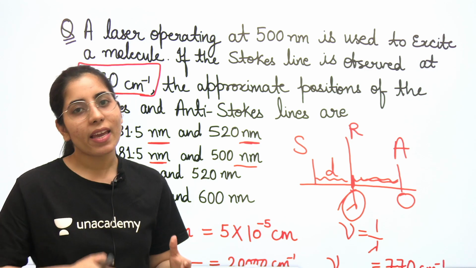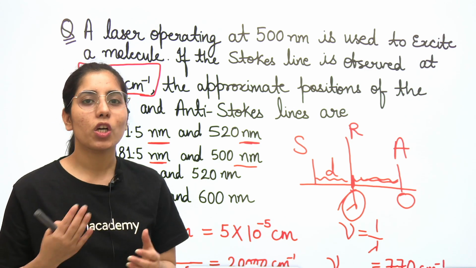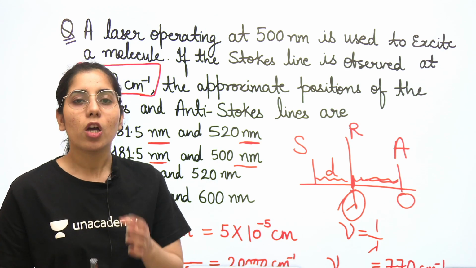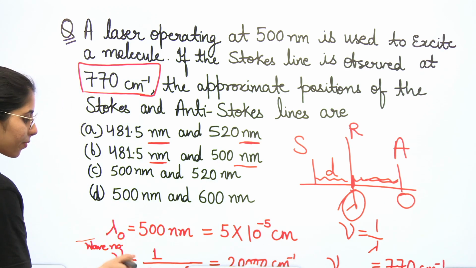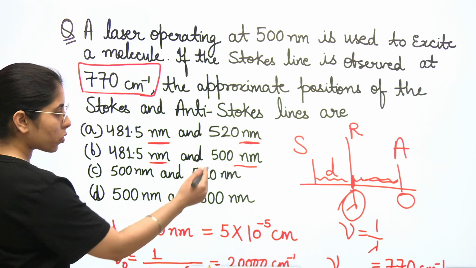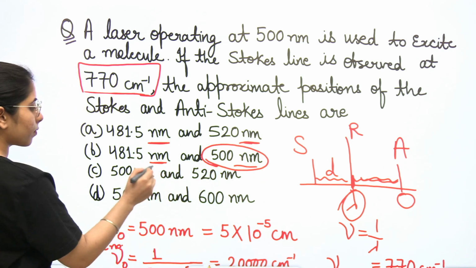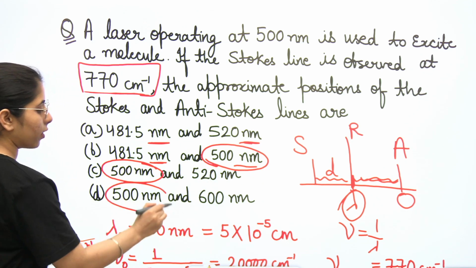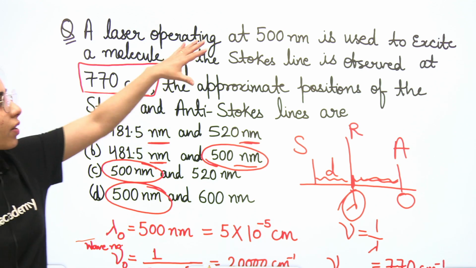But in the starting, anybody will start solving it if he or she is not familiar with the concept. So what is that? You can see that in 3 options out of 4, the same wavelength has been given to us.